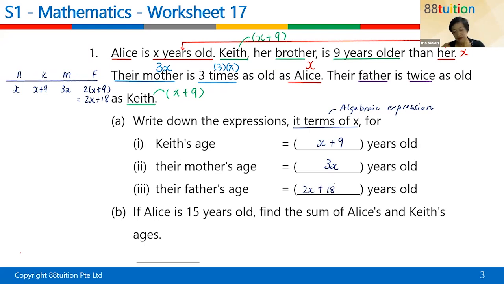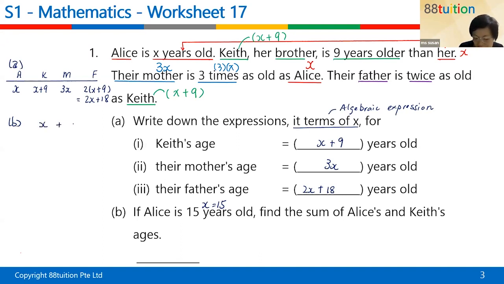If Alice is 15 years old, find the sum of Alice and Keith's ages. If Alice is 15, X must equal 15. So let's do part B here. He wants the sum of Alice and Keith.